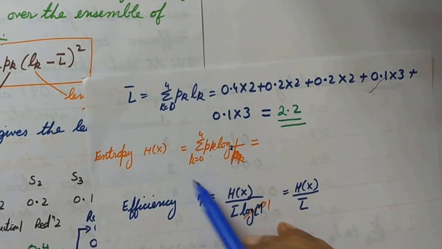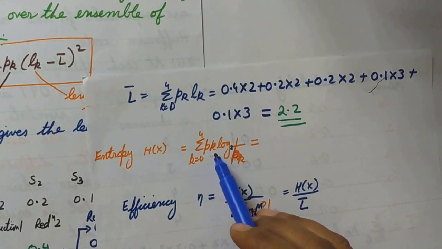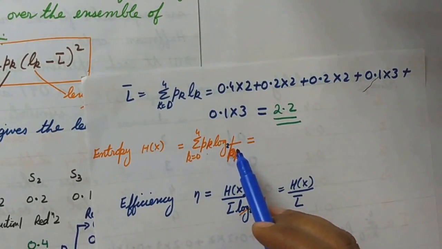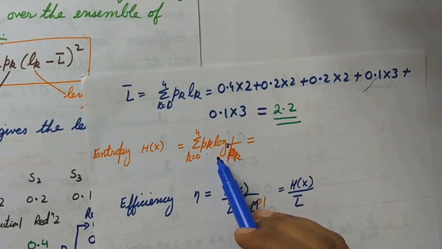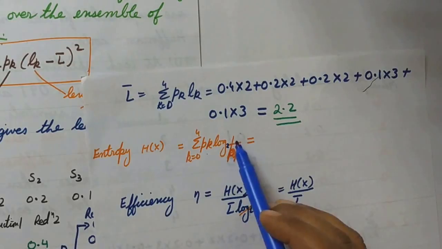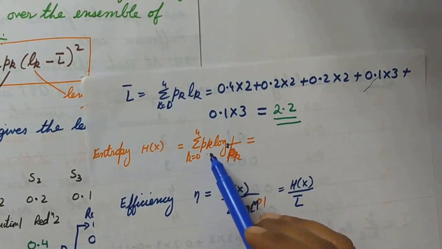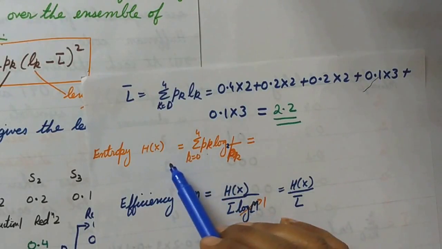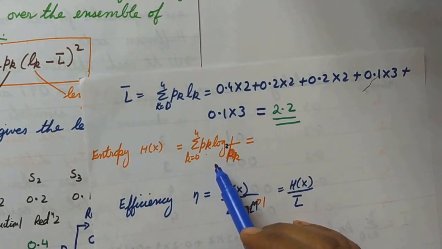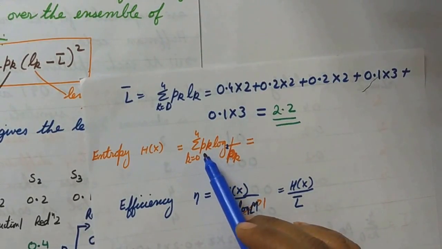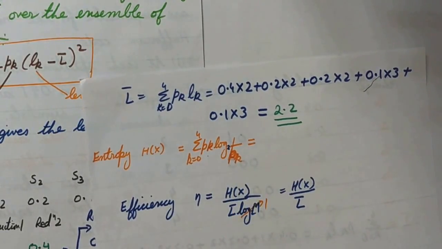Now see, this formula of entropy has nothing to do with the length of the code. The parameters in the question are pk, that is the probability, and log to the base 2 of 1 upon pk. So only the probability comes into the picture in the entropy. For both the methods, the change is only in the length of the code, so their entropies will be the same because the probabilities haven't changed.